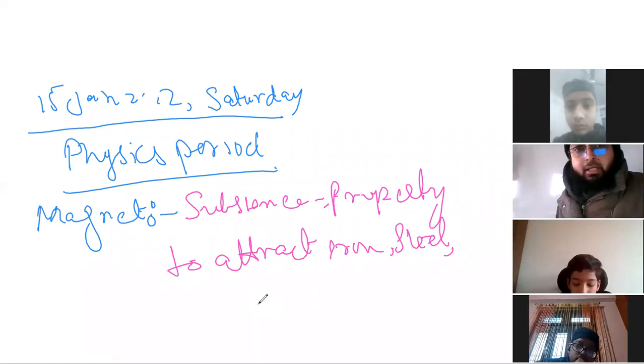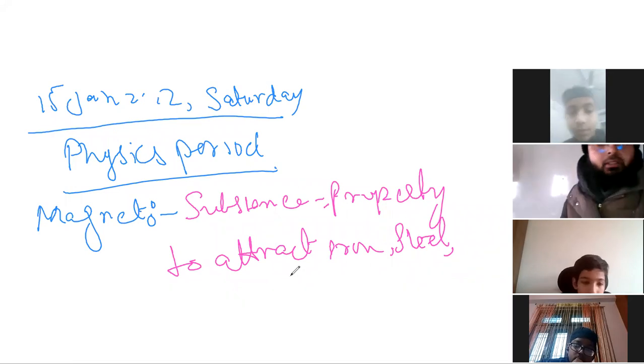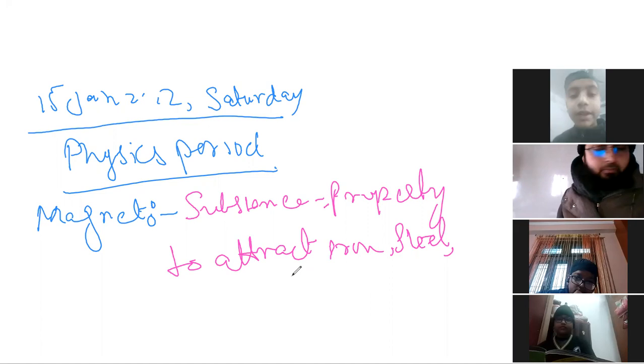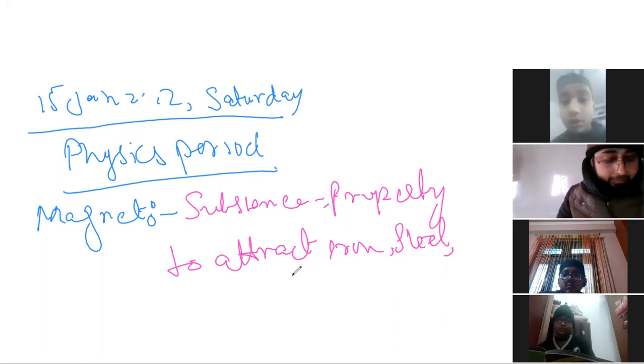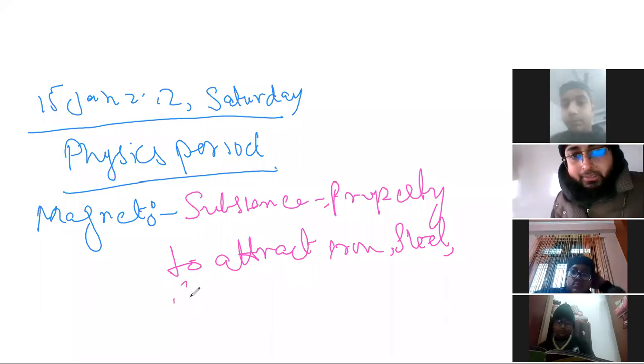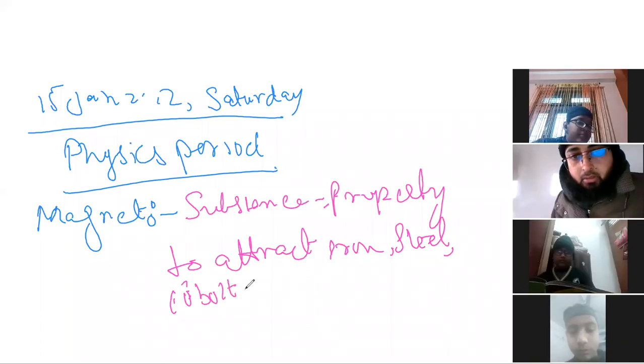And Usama beta, you tell me what is a magnet? Sir, a magnet can attract iron, nickel, cobalt, and their alloys. Yes, cobalt and their alloys. Very good. So Hassan, remember this thing. Cobalt is also there.